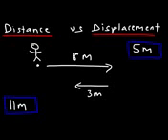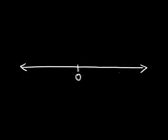Displacement is the difference between the final position and the initial position. So let's say if we have a number line, and let's say this is position 0. So John traveled 8 meters east. So now he's at position 8 on a number line.